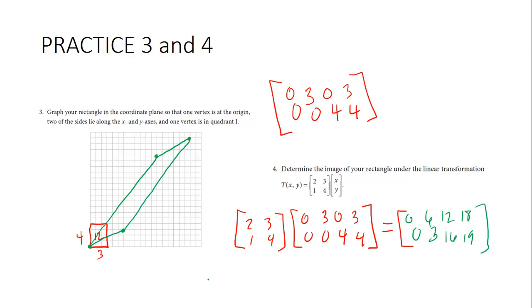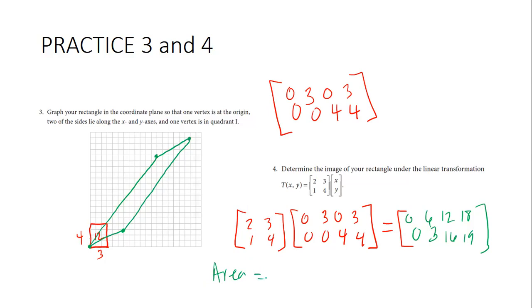Now let's talk about the area of this rectangle. Okay, so to find the area, remember, we don't want to do it the long way, right? So in order to find the area, we have to find the determinant of our transformation and multiply that by the area of our original. Does that make sense?